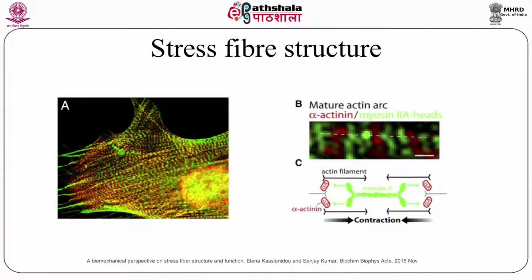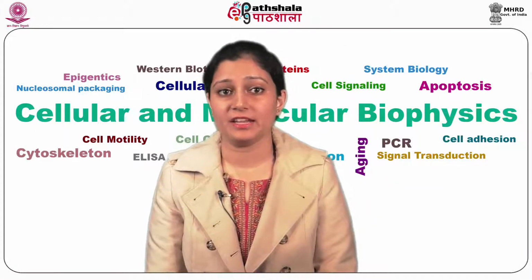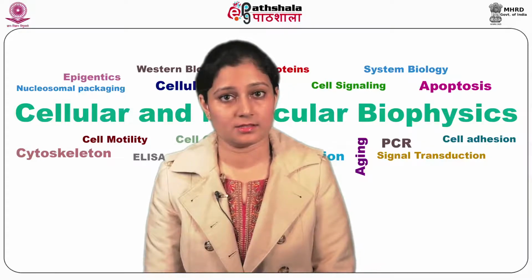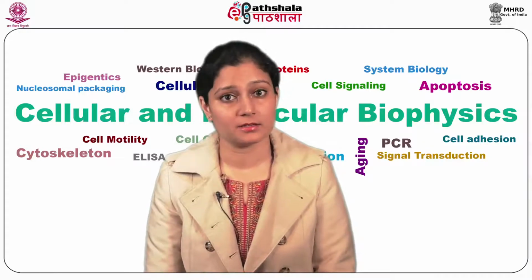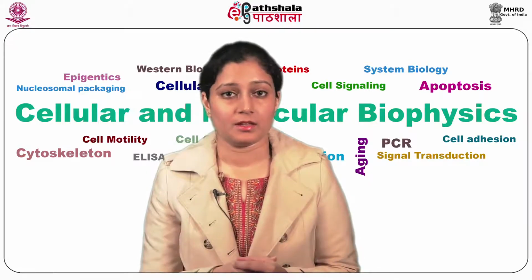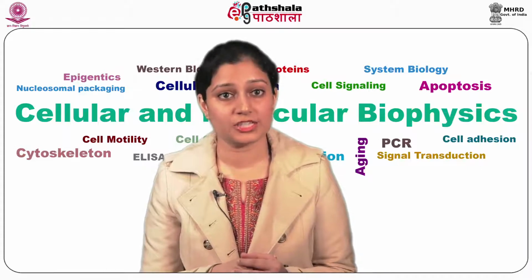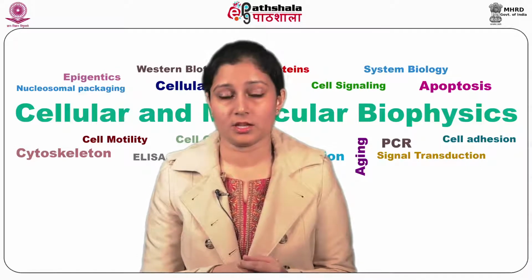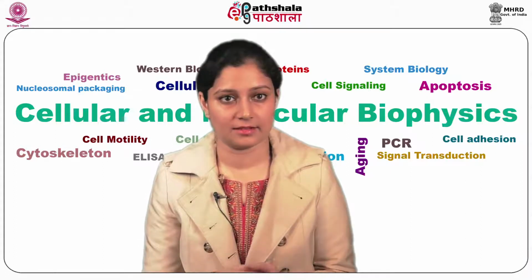The three key components of stress fibers are actin filaments, myosin protein as well as actin binding proteins such as alpha-actinin. Let us study the structure of stress fibers in detail. The actin filaments have an inherent polarity with a plus or barbed end and a minus or pointed end. There are two forms of actin, the monomeric or globular G-actin and the polymeric filaments known as F-actin or filamentous actin.